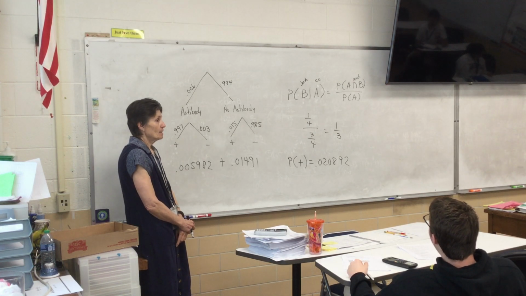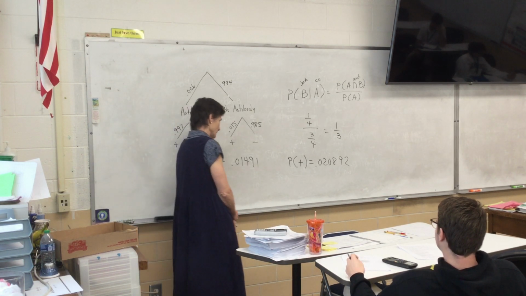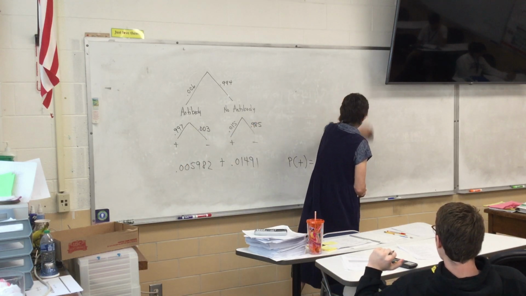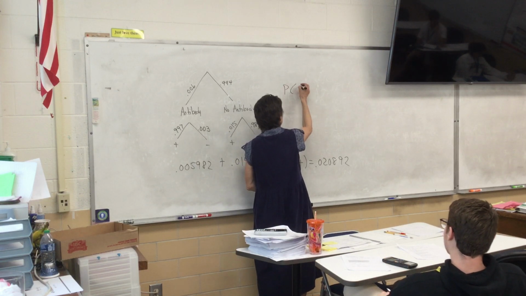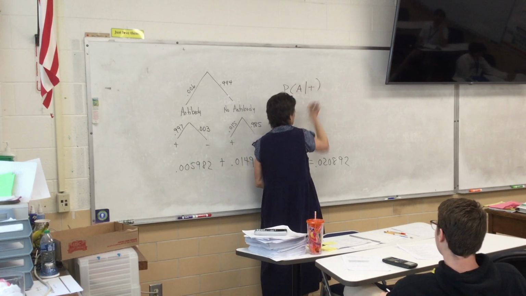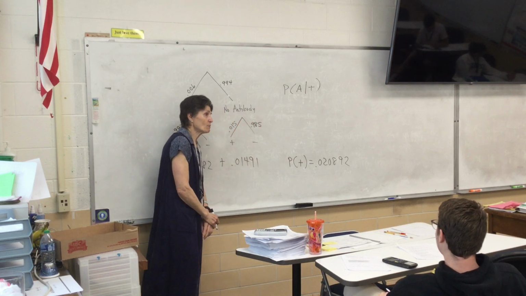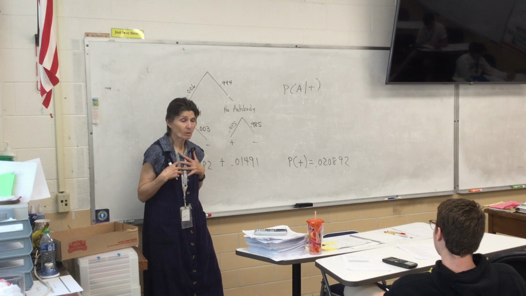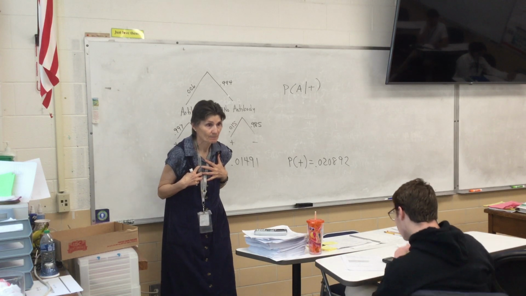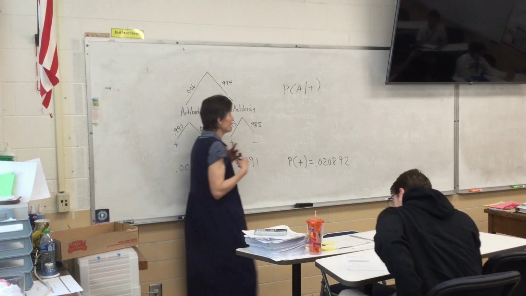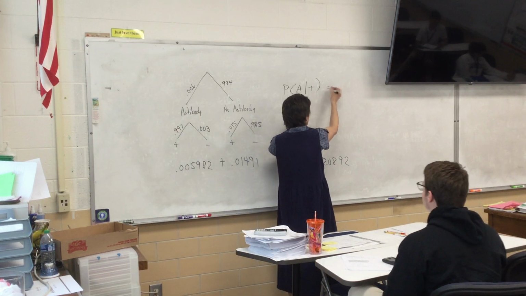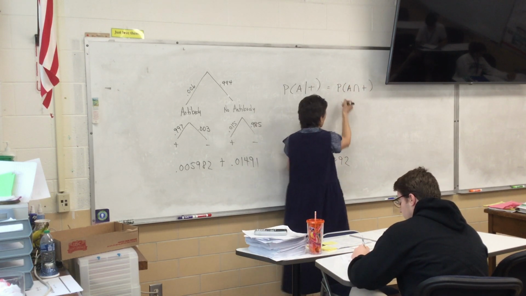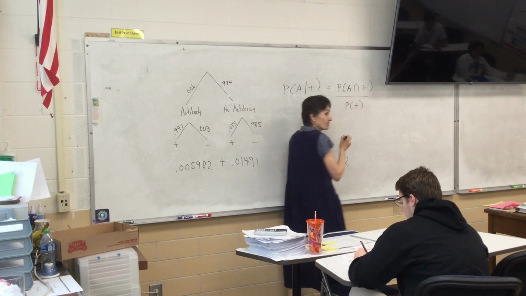Agreed? But the question isn't, what's the probability I'll test positive? The question is, what's the probability that I have the antibody given I tested positive? So in other words, I go in, I have this test, it tells me I'm positive. What's the probability I'm really sick? Well, our formula says this would be the probability of having the antibody and being positive over the probability of being positive, right?